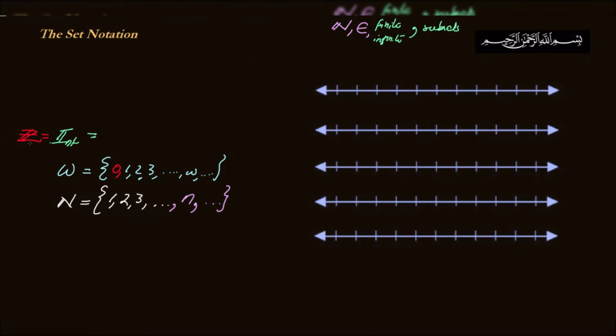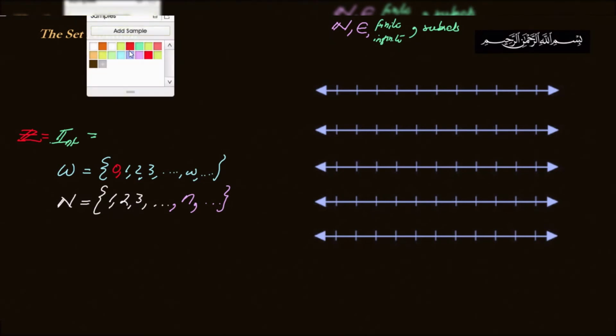Apparently, Z is from German, Zahlen, which means numbers in German. I don't know how to say that in German, but well, I'm not in Germany, so I don't typically use that. You can just say integers, or you can call it that.